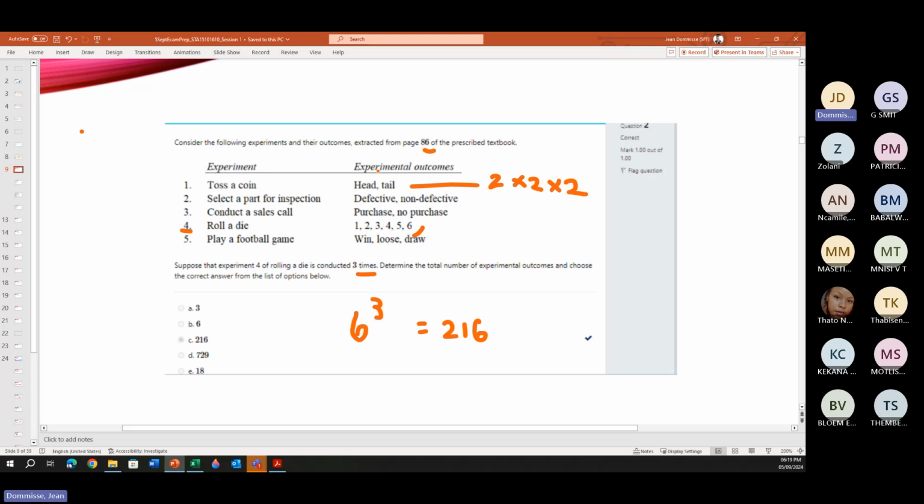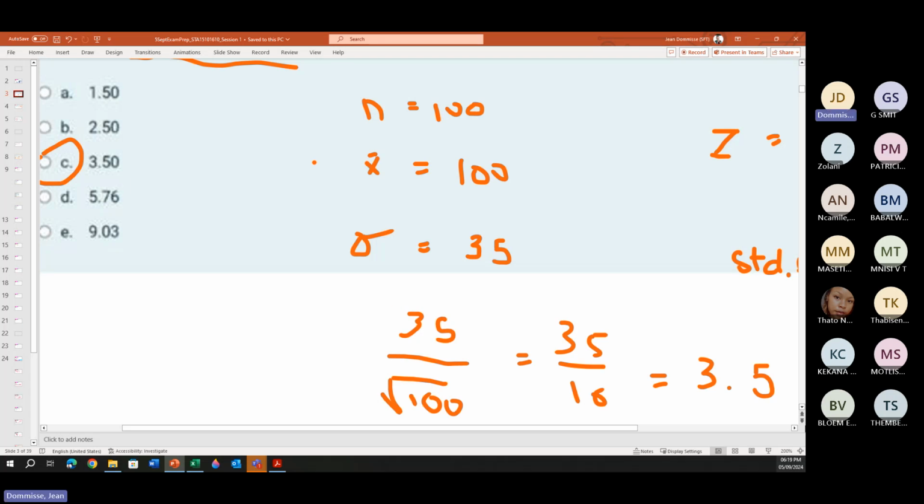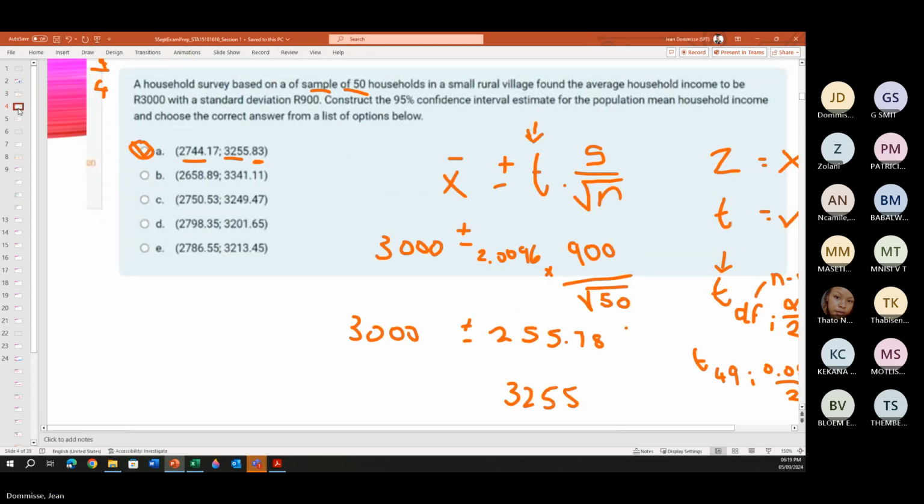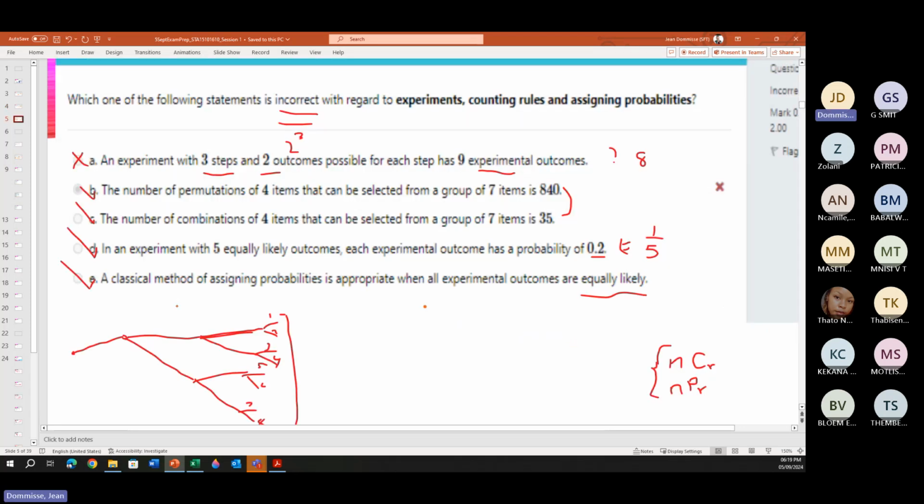So that is nearly looking at that same question that we had earlier, now just in an example. So experiment with 3 steps and 2 outcomes.